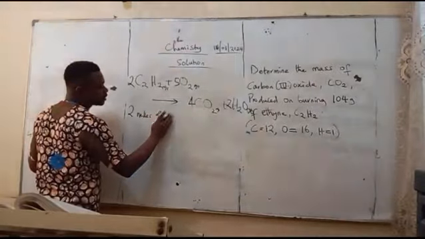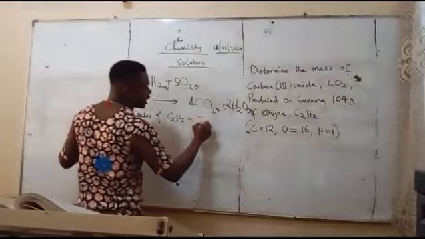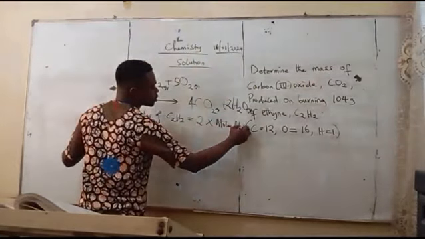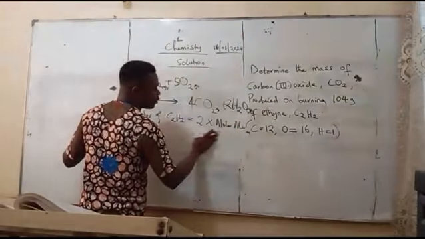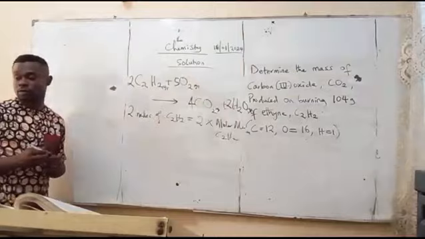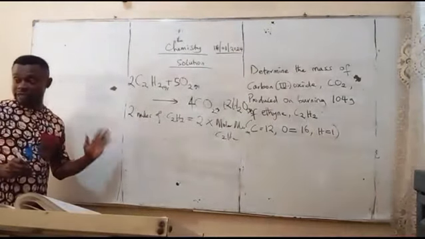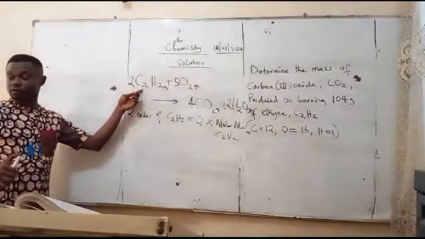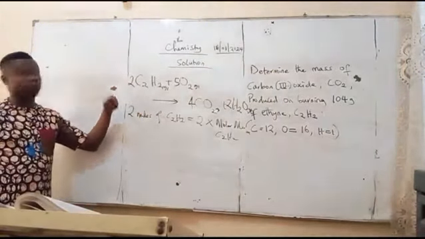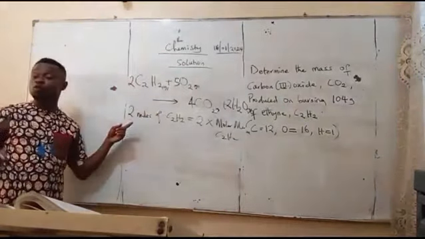So 2 moles of ethyne is written as 2 times what? Molar mass of what? Ethyne. True of us? So what is the molar mass of ethyne? 26. You've done the calculation, right? Because carbon is 12 times 2, 24. Plus hydrogen, 2, 26. So that means 2 moles, look up.